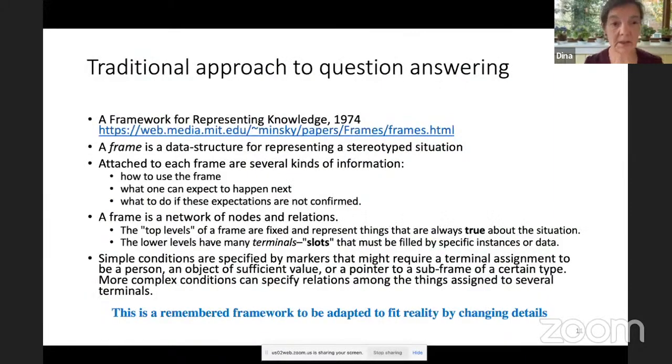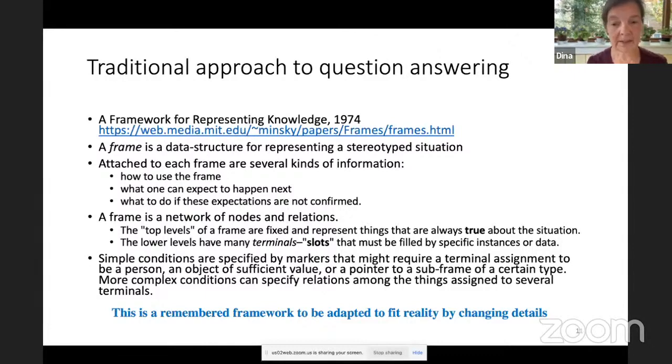So it is a traditional approach to question answering. It's based on a framework for representing knowledge. That is, the main idea is that there is some kind of a typical situation, and there is a template, a frame that will describe that situation, and it will have some specific slots for different aspects of that situation.